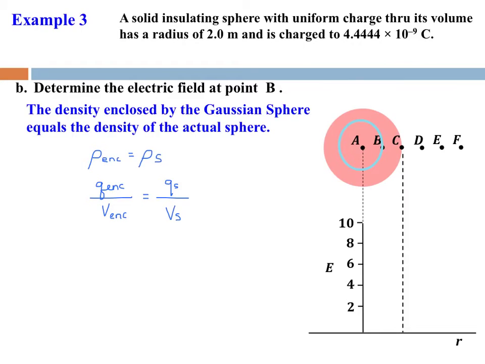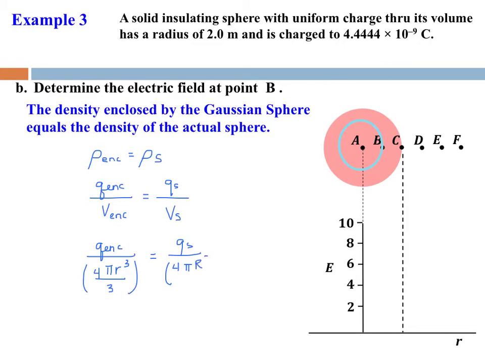So our charge enclosed is going to depend on how much we're enclosing, and then the volume enclosed is going to depend on the volume of our Gaussian surface. Charge of the sphere will be the same, and our surface of the sphere will also not change.